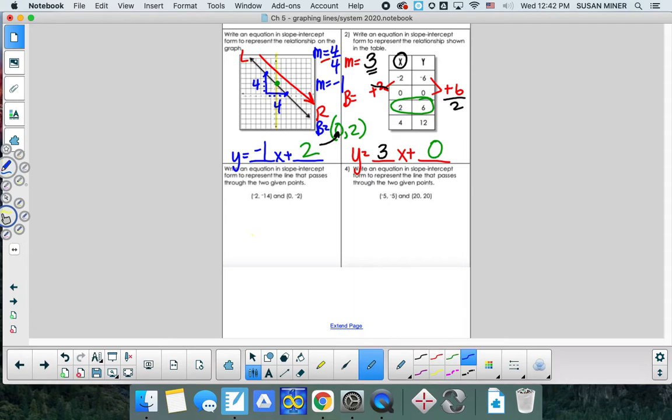Okay, write an equation in slope-intercept form to represent the line that passes through the two given points. So I can take these 2 points. If I want to write a slope-intercept equation, what I need to do is figure out my slope and figure out my y-intercept.